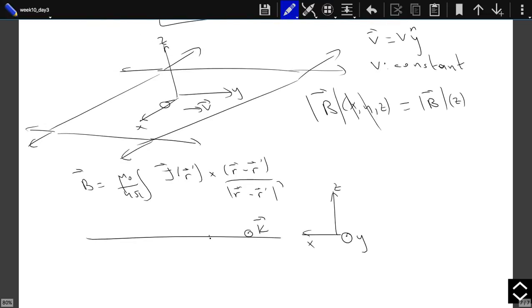Now, if you consider this segment as a very thin wire, it will create a magnetic induction field at this point. You see, I have this plane, I'm dividing it into very thin wires, and I pick one of them, and then I choose this one. The contribution to the magnetic induction at that point from this very thin wire, what will be its direction?